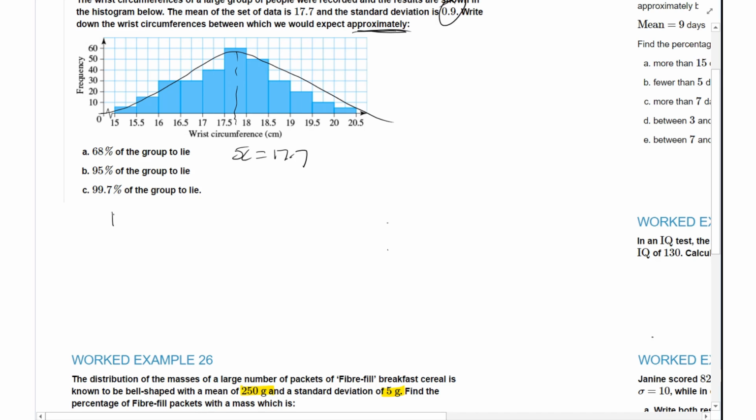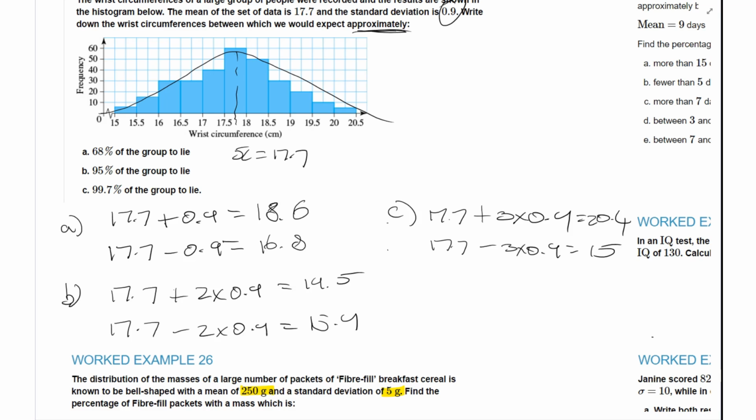So it's going to be 17.7 plus 0.9 equals, and it's also going to be 17.7 minus 0.9 equals. Okay, so I went ahead and calculated that value, so I put that in there. So it'd give you 18.6 and 16.8. So that's where 68% of your data lies. So that corresponds to that.